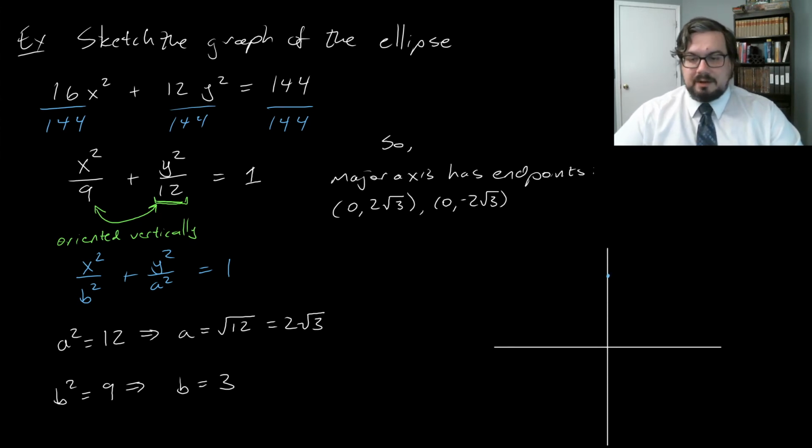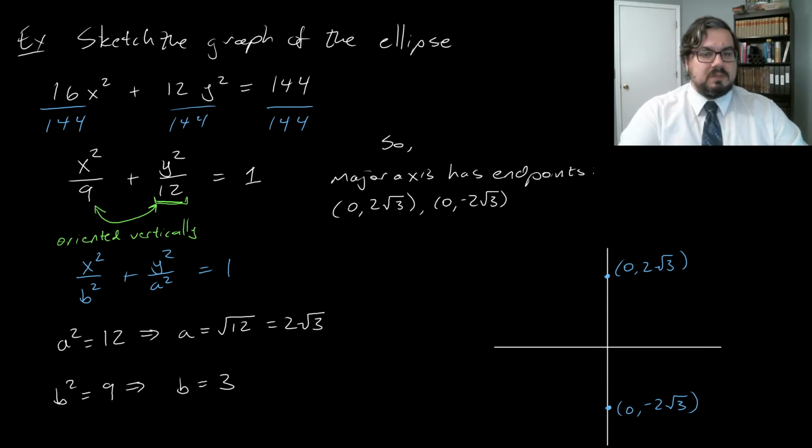So that's where the two endpoints vertically are going to go, because those came from the 12, which was the denominator of the y squared. And then the minor axis has endpoints of (3, 0) and (negative 3, 0).